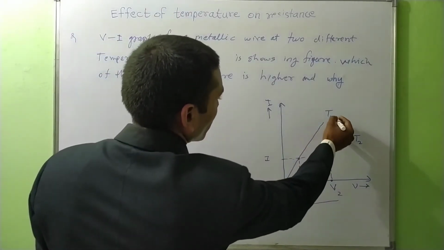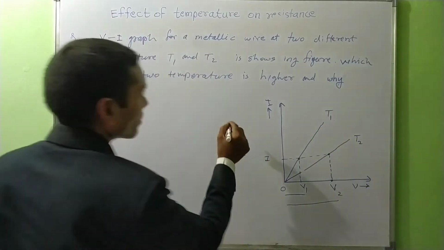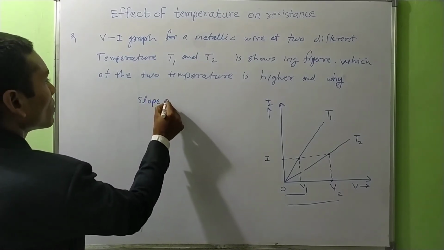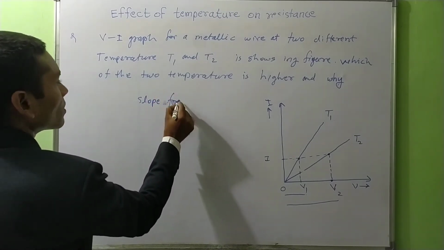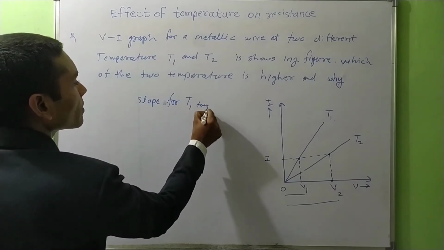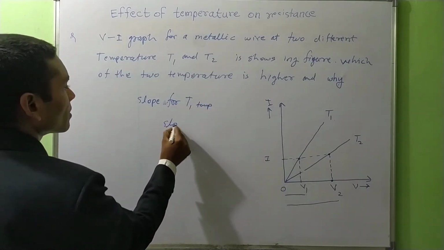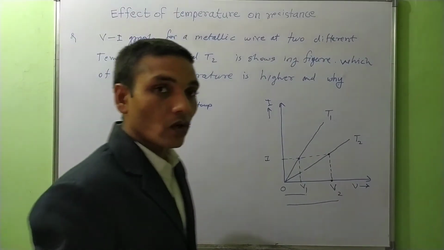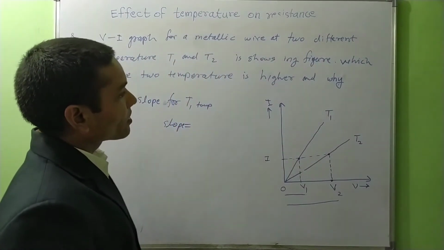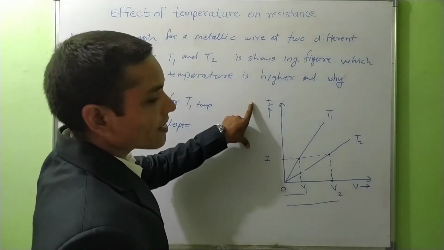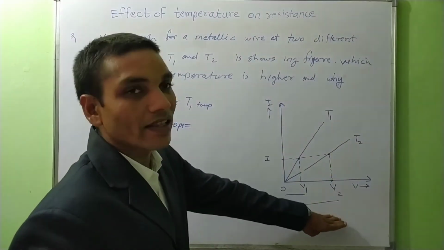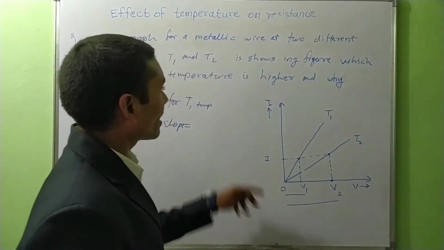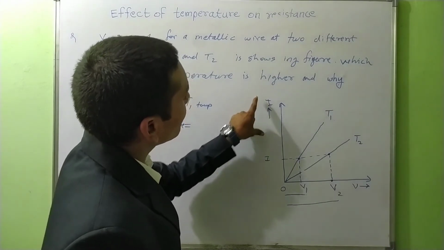The slope of this line for temperature T1: what is the slope? Slope is change in the y-axis upon change in the x-axis. Here in the x-axis potential is taken, and in the y-axis current is taken.